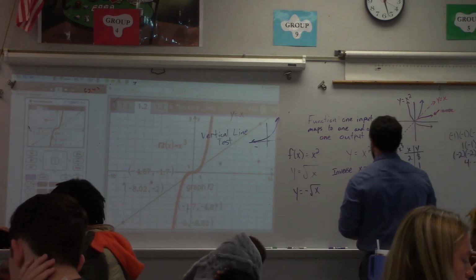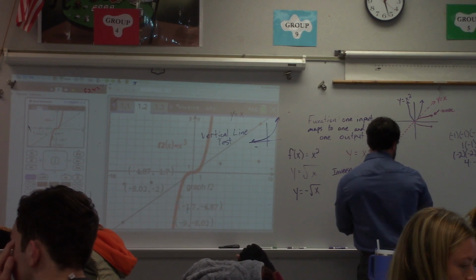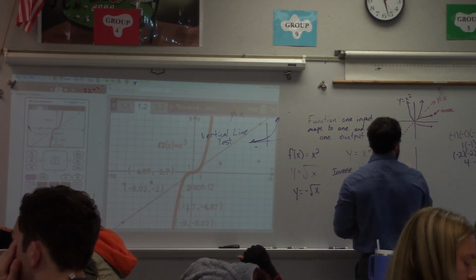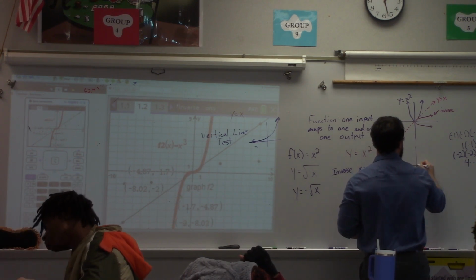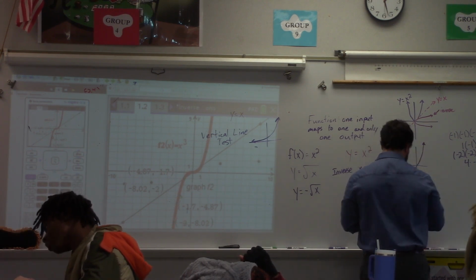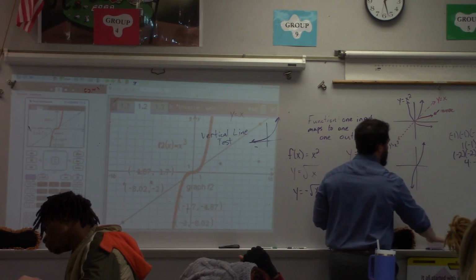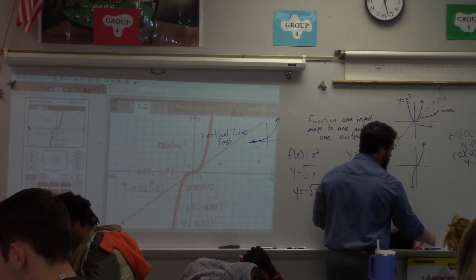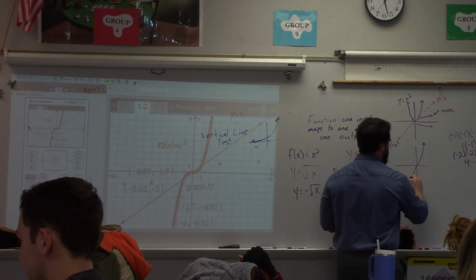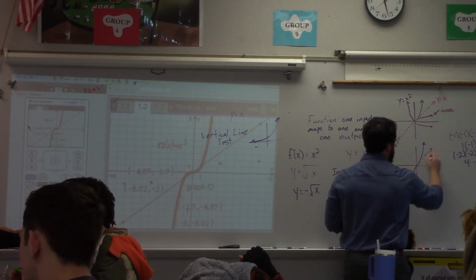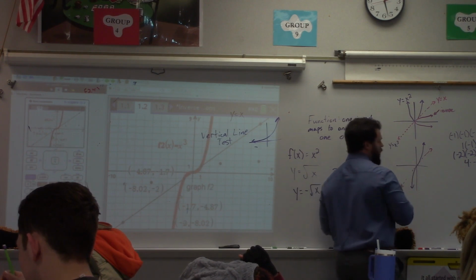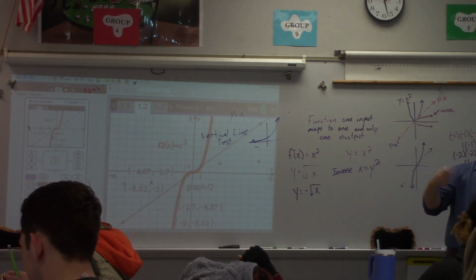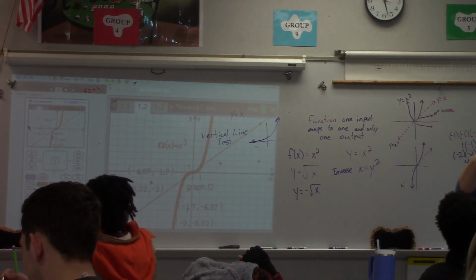Right now, I have y equals x cubed, and that's this function, right? That's an estimate of it. So what would be the inverse of y equals x cubed? Remember, a square root was the inverse of x squared.